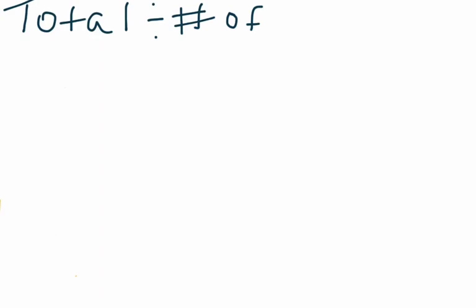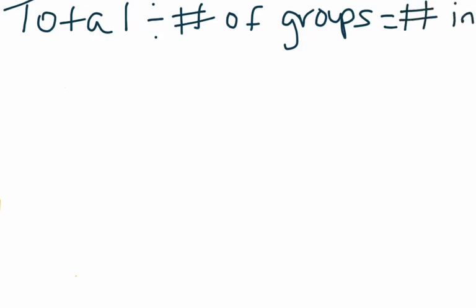So it says the total number, and I'm going to leave this up here for every single one we do. So it's the total divided by the number of groups equals the number in each group. Okay?